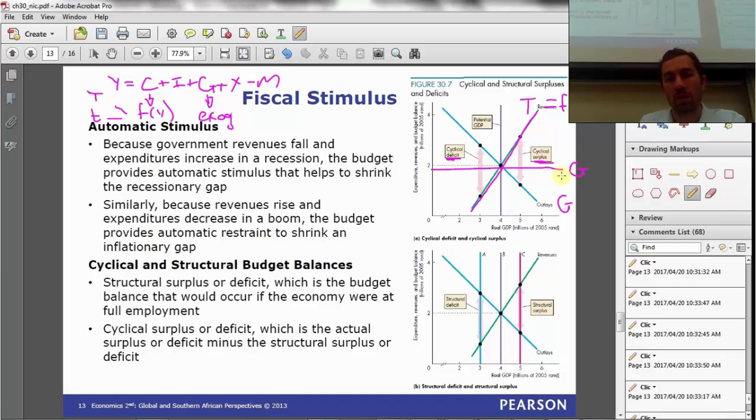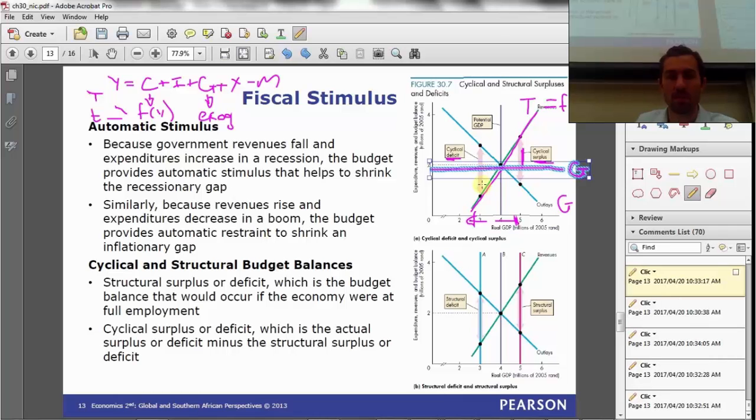Even with a horizontal government spending and an upward sloping tax revenue, we would still have the same thing. As GDP increases, we can still end up with a budget surplus, right? As GDP decreases, we can still end up with a budget deficit.